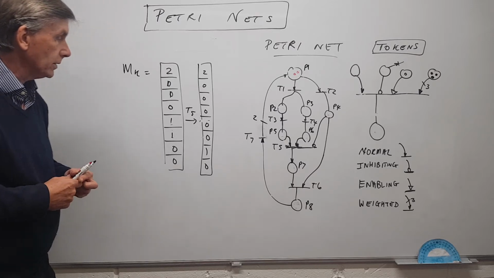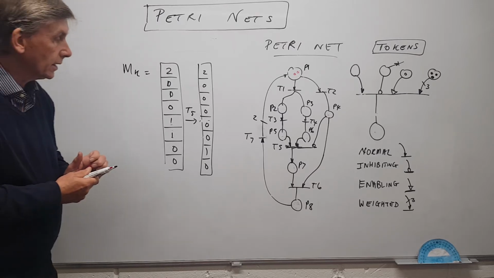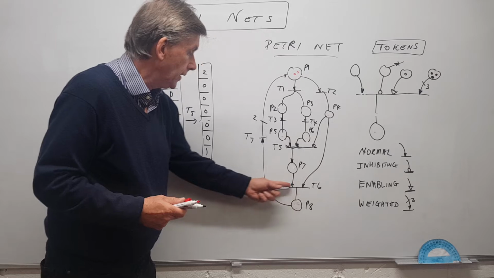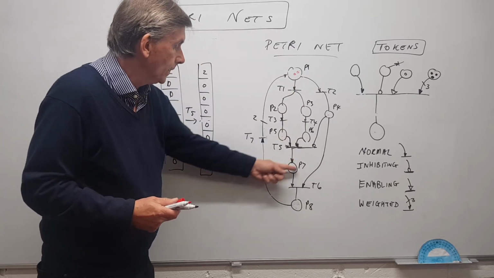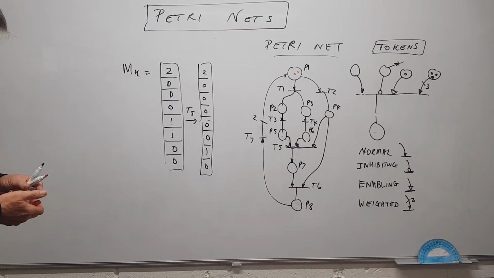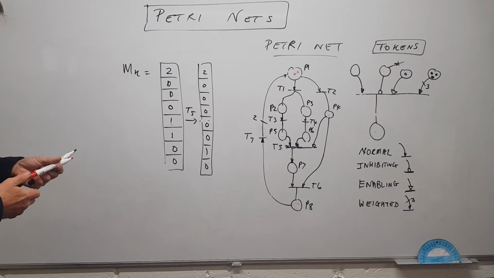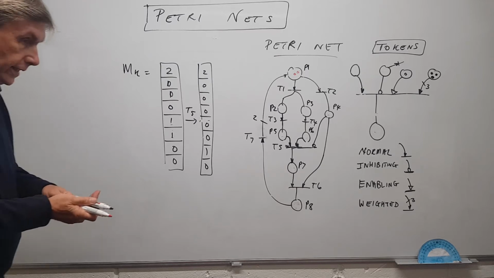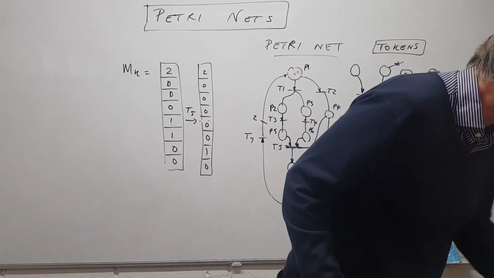Now the other thing we might want to do is to convert this Petri net into an equation. So let's have a quick go at doing that as well. I'm just going to get rid of these tops, bit of a nuisance.